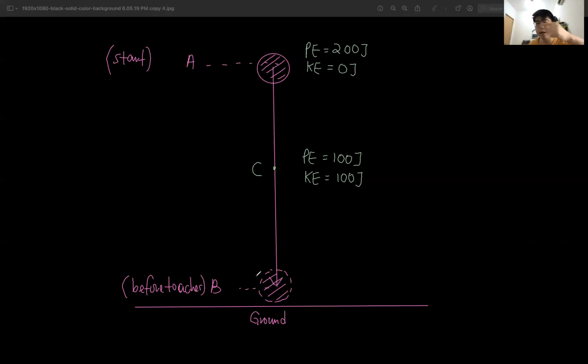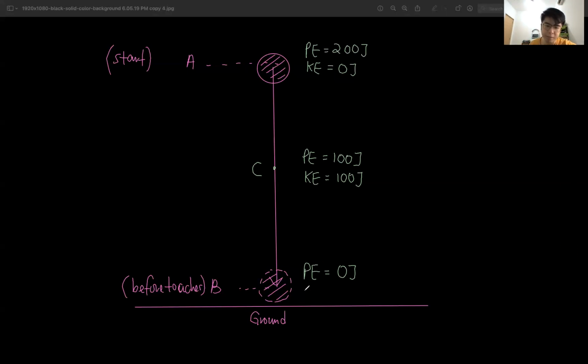Now at point B at the bottom, what is the potential energy? Because it's very, very close to the ground, we would just assume that it is at the ground. So the PE we would say 0, because the value is so small, we just take 0. So for anything that is very close to the ground, the PE is 0.